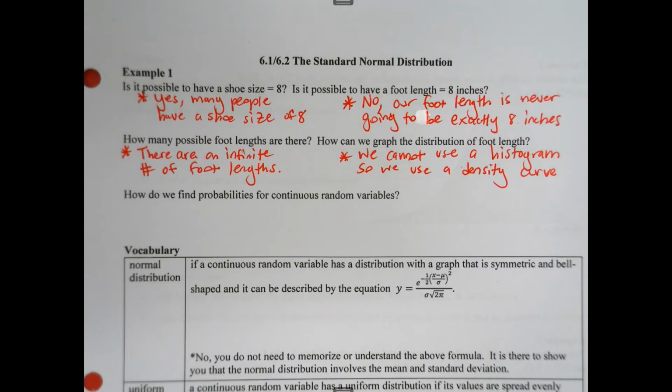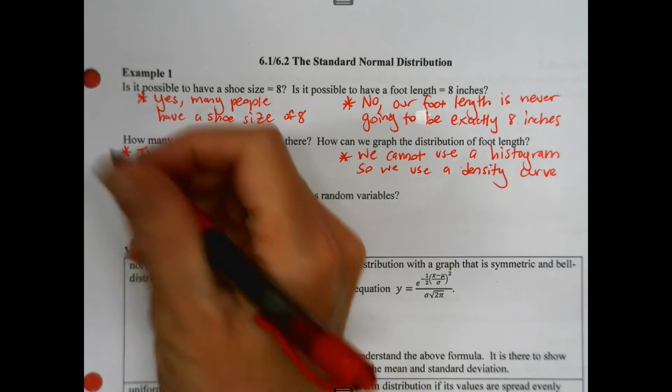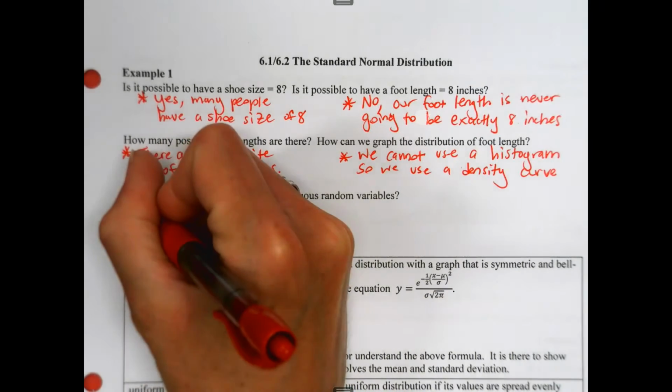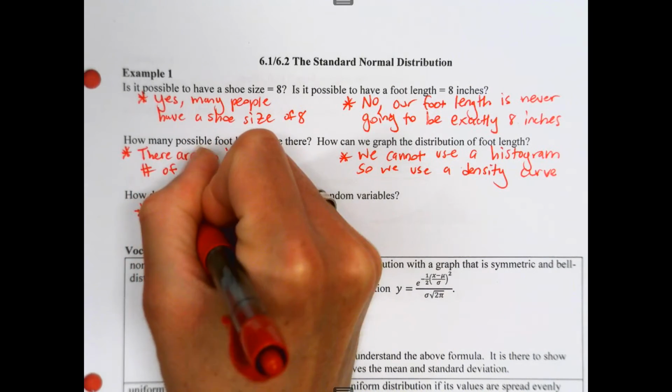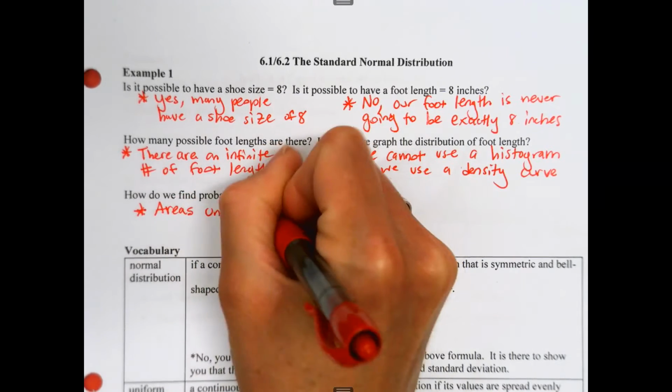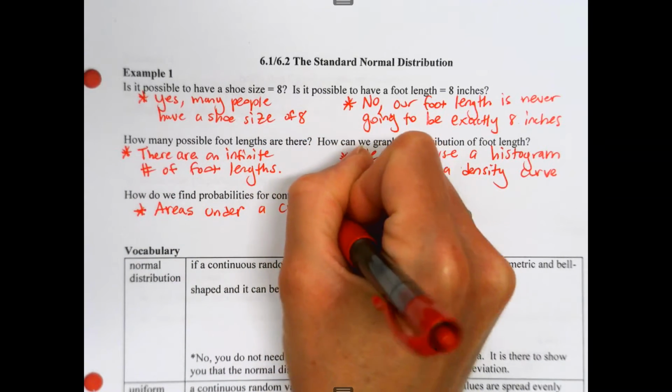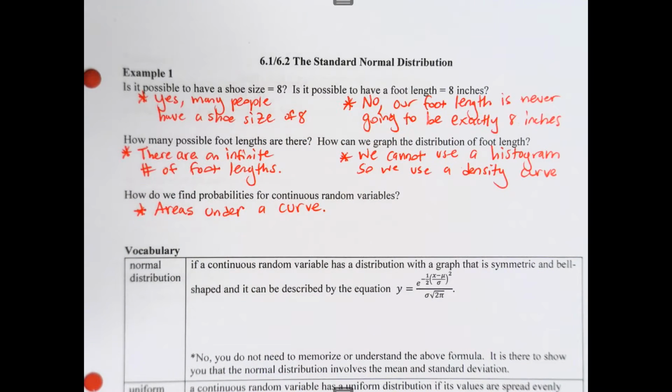But here, we're not dealing with discrete things anymore. Therefore, the way that we find this is we look at area under a curve. And we started to do this way back in chapter 2 when we talked about the empirical rule. We're going to expound upon that within this chapter.